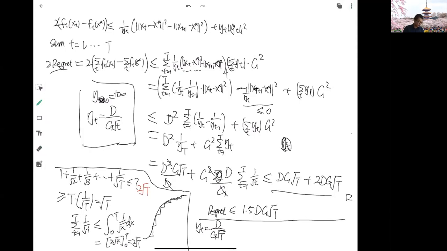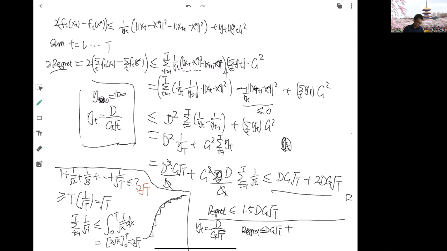If we use a constant learning rate, then we can plug in everything and get the regret of the same dg square root of t, but the second term will no longer have that factor of 2.